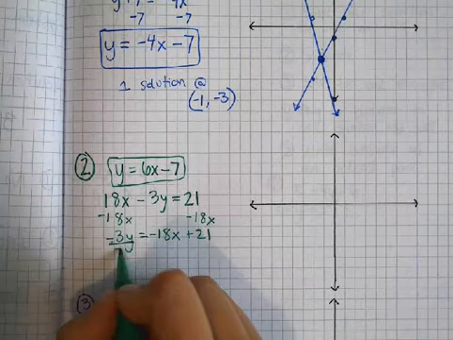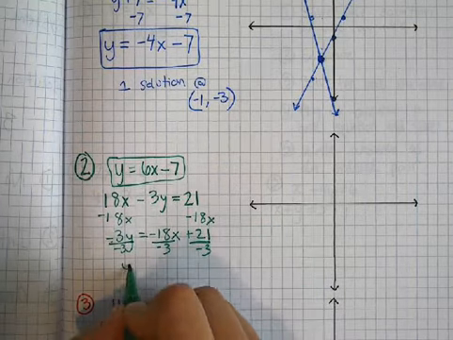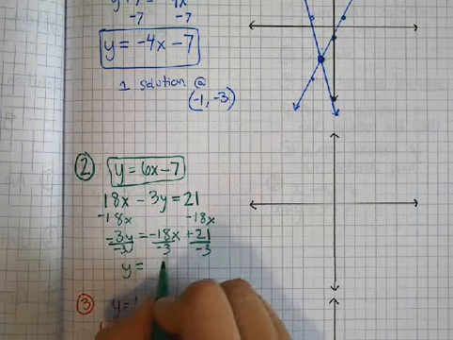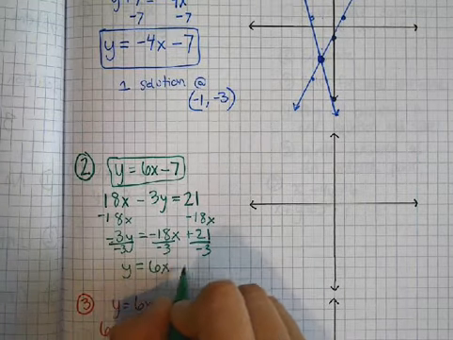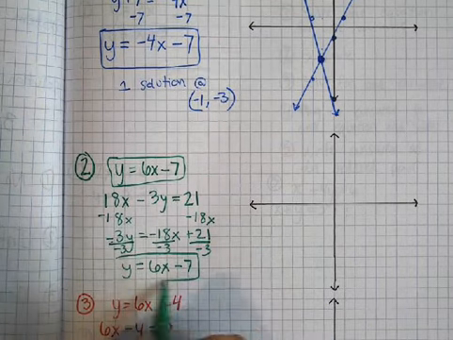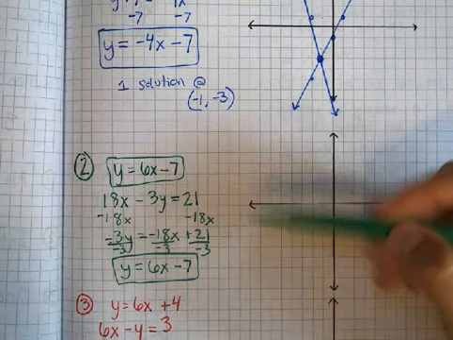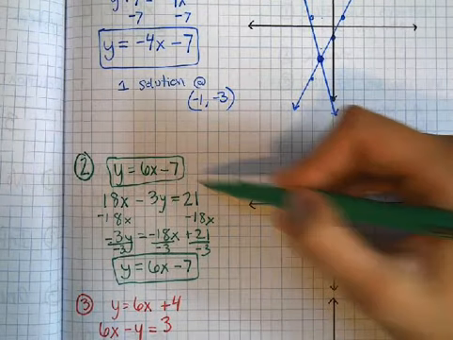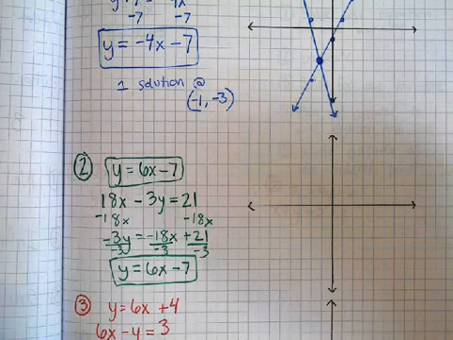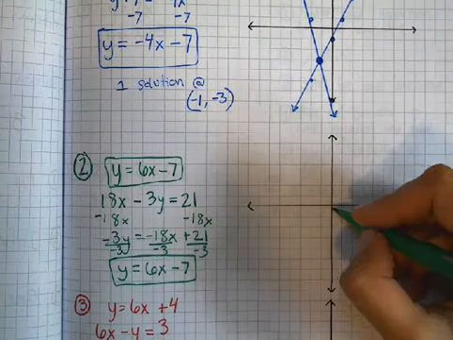And then let's divide by negative 3. We've got y equals 6x minus 7. Now if you see, we've got the exact same equation. Even though they didn't start off looking the same, after we've reduced and simplified, yes, they are the same.